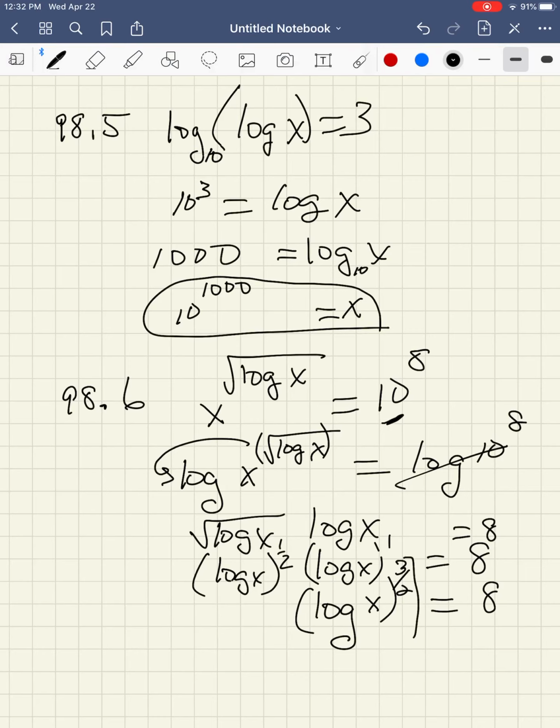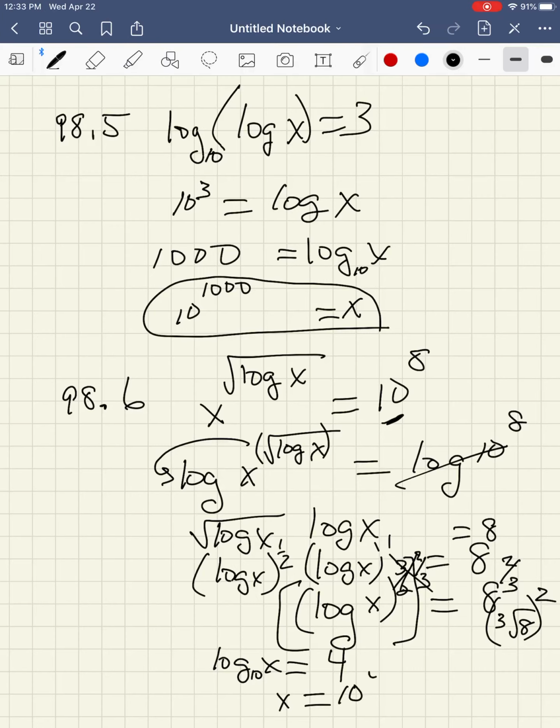And then if we raise both sides to the reciprocal power, that would be 2/3. Raise this side to the 2/3. These will cancel and we'll get log of x. And over here, that's the cube root of 8 squared. So the cube root of 8 is 2, squared would be 4. And here we have it. Remember, there's an understood 10. So x will be equal to 10 to the 4th, which is 1 with 4 zeros.